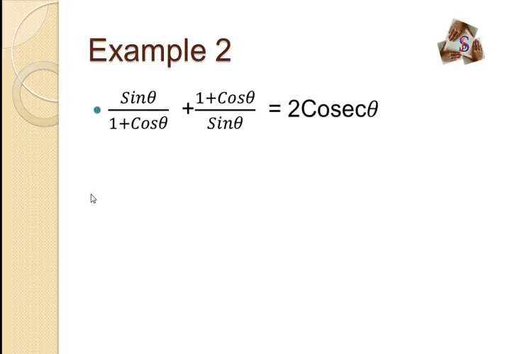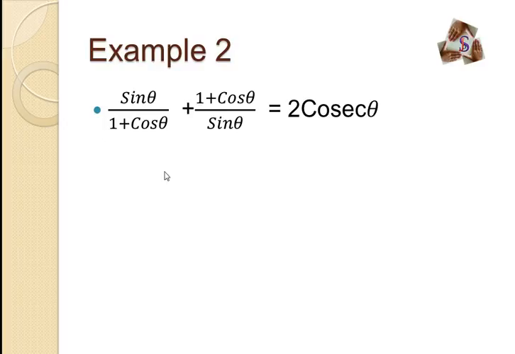Proceeding further, here is another example that helps us understand how we need to simplify trigonometric expressions. Sin theta by 1 plus cos theta plus 1 plus cos theta by sin theta. We need to prove it to be equal to 2 cosecant theta.